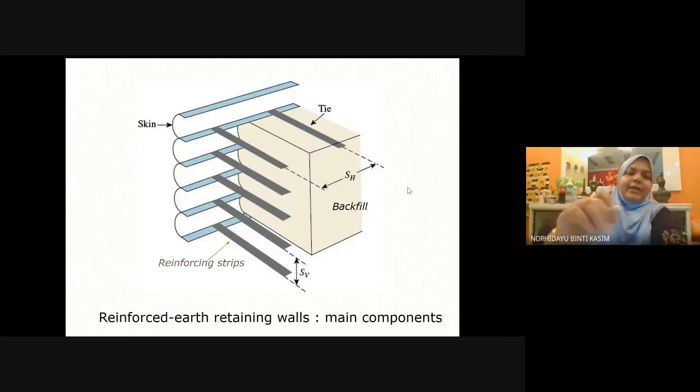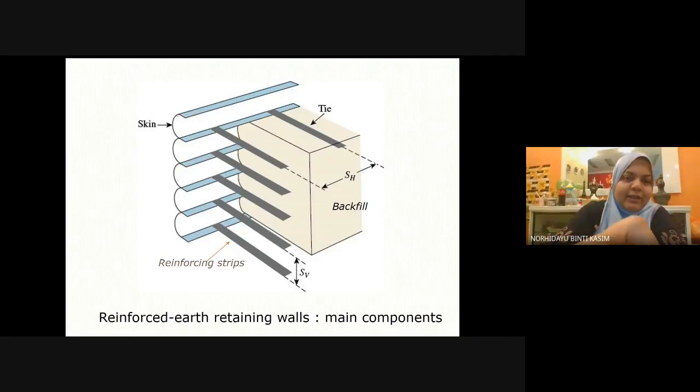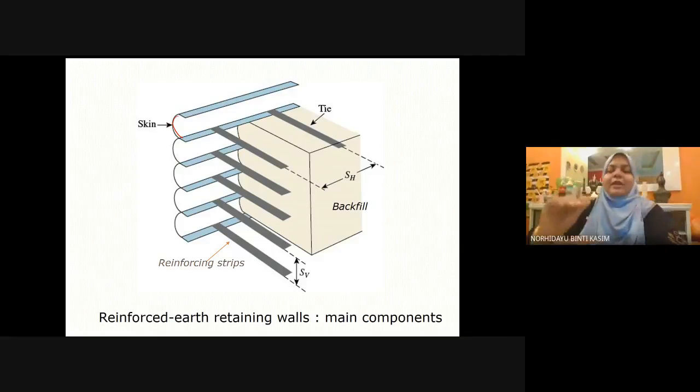Here we have the skin. Sometimes we use geotextile, or we can also use precast concrete slab as the skin of the wall. Then we have the backfill soil, granular material, sand or other granular material.